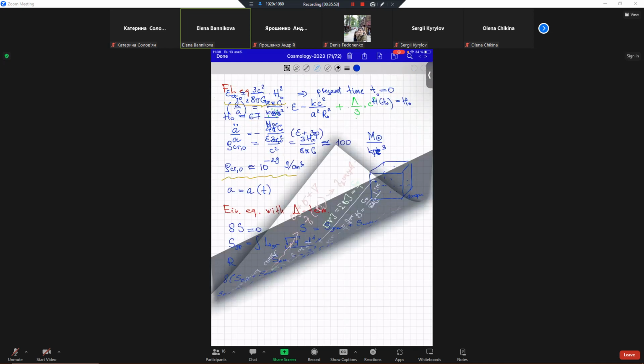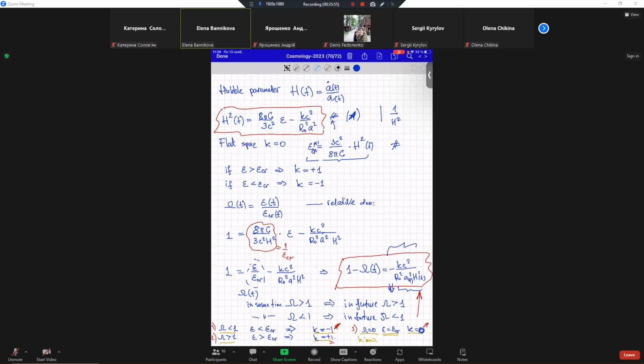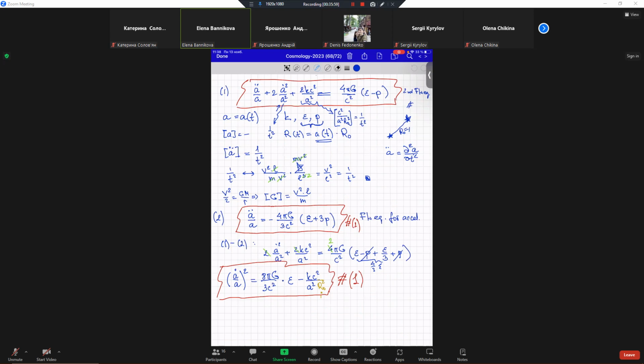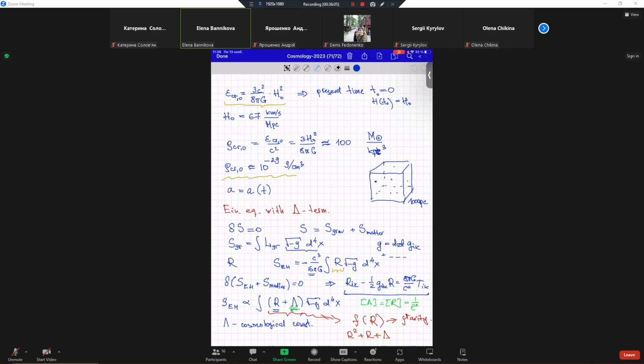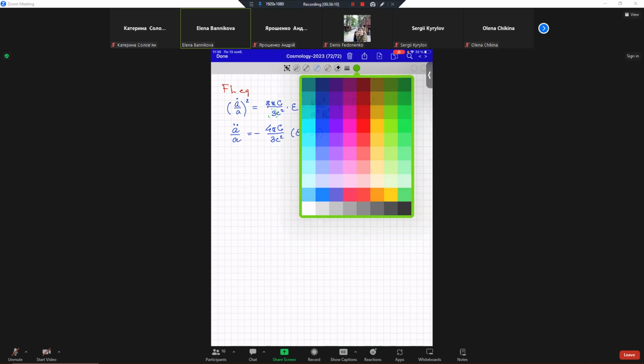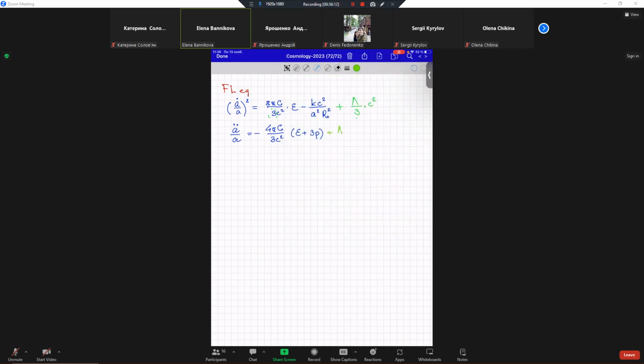This I write. Let's check that it's right. Yeah, this one. Okay, so I come back. And again plus, I'll put it in green, plus lambda c squared divided by 3. So this summand will be the same for both Friedmann-Lemaitre equations.